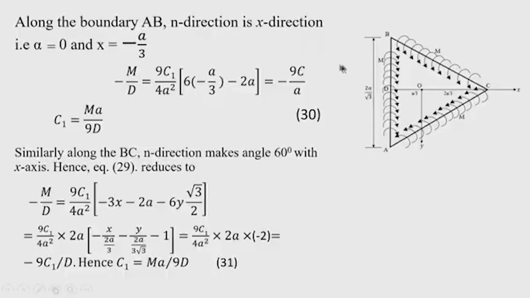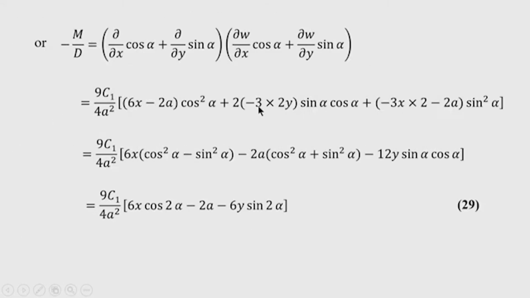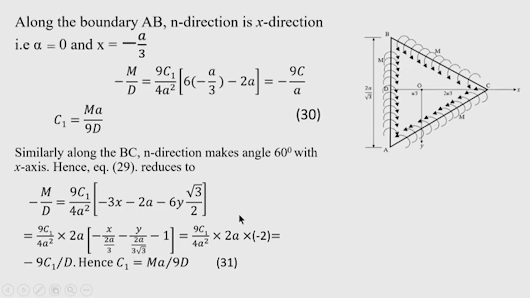And the x coordinate along this line is always minus a by 3. So, in the previous equation we can now put alpha equal to 0 and x equal to minus a by 3.